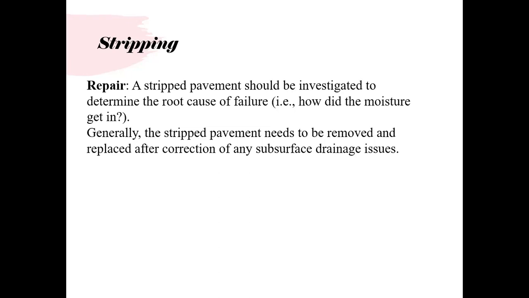We have to correct the drainage, whether it's surface drainage or subsurface drainage. Once this issue is resolved, you relay that patch. If stripping is at a localized area, that works, but if stripping is on a major area, then you have to correct all these things and then apply an overlay.